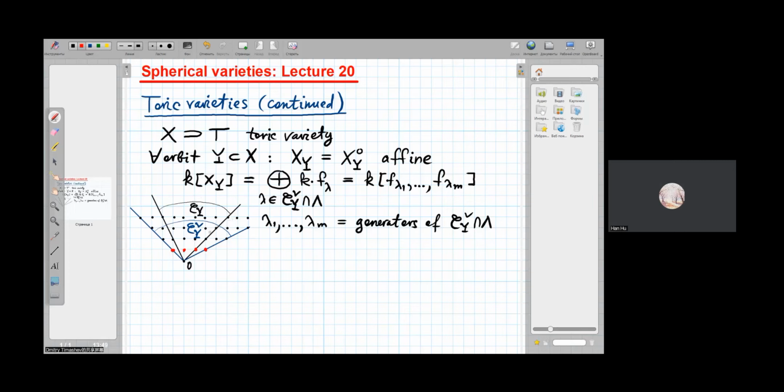You can write the relations between these monomials coming, of course, from relations between vectors in the semigroup. So sums of some of them are equal to sums of other vectors. So the relations are of binomial form.